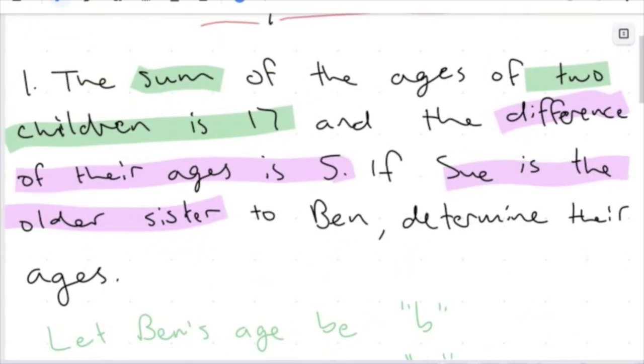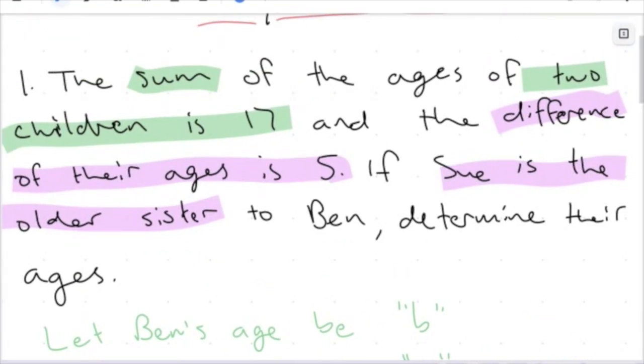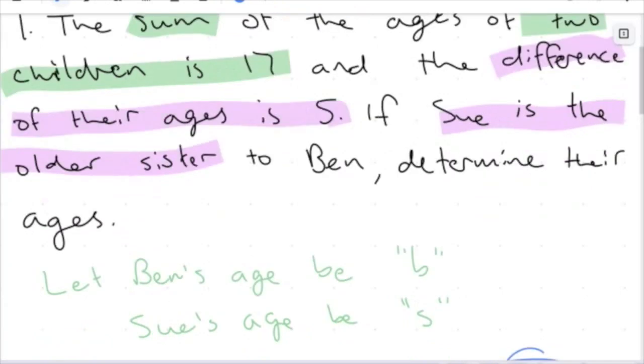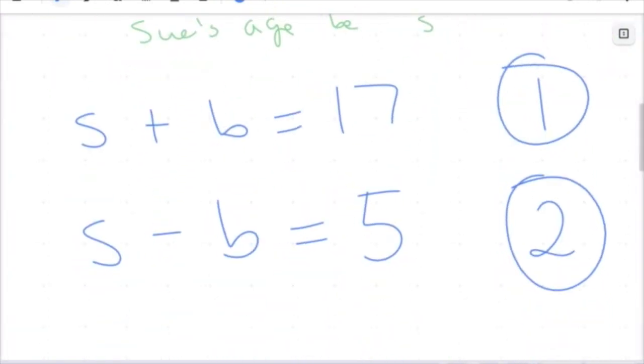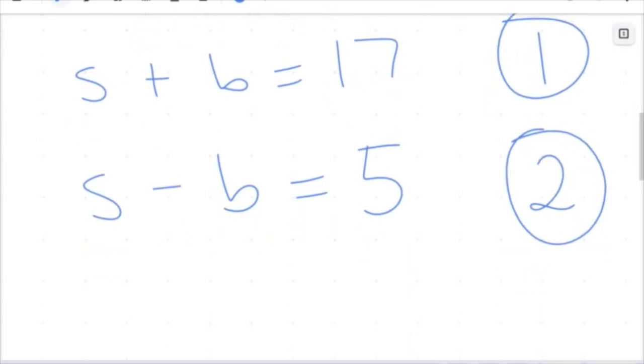We want to look for clues in the question as to what kind of operations we're doing. So we have the sum of the ages, that means plussing. So we can make an equation with the two ages adding to give me 17. And the difference means a subtraction. So the older sibling's age minus the younger sibling's age is going to give me 5. And now we have two simultaneous equations.